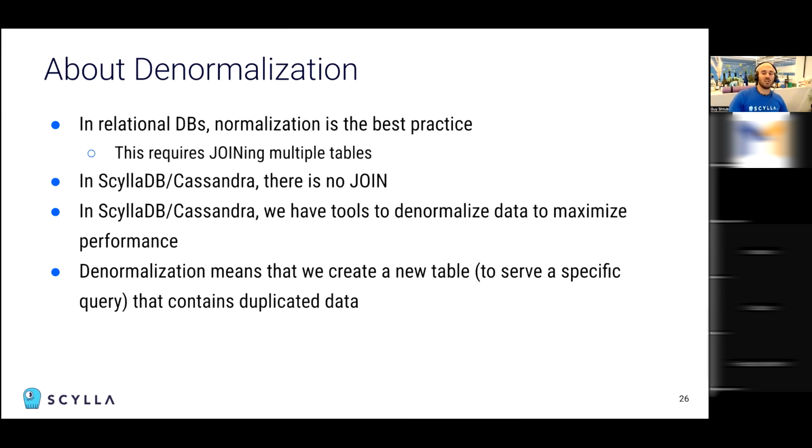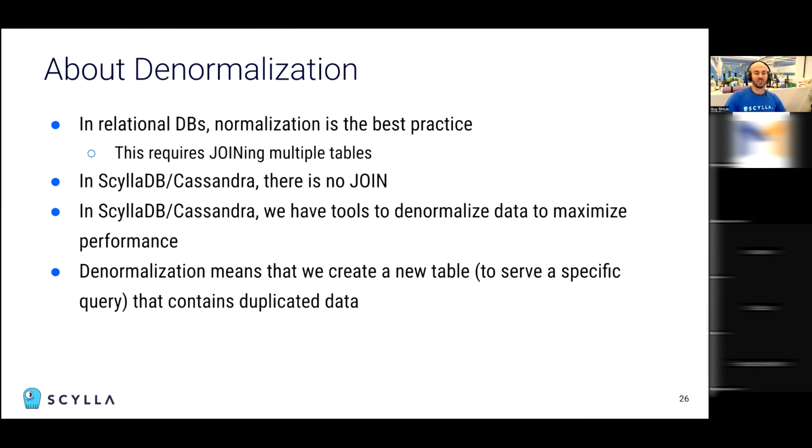So we have other means to denormalize the data and to maximize performance. Now, what does denormalization mean? It means that we create a new table to serve a specific query. Now, this table can contain duplicated data.